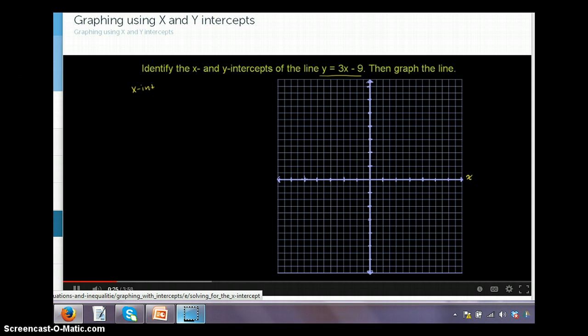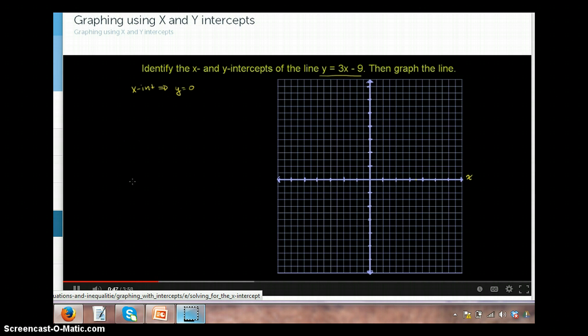Its x value could be anything, but we know its y value is 0. If we're sitting on the x-axis someplace, that means that we haven't moved in the y direction. That means that y is 0. So we need to find the x value defined by this relationship when y is equal to 0.